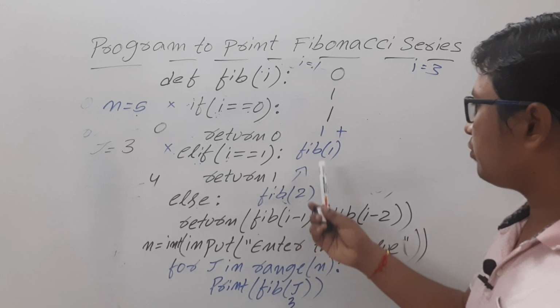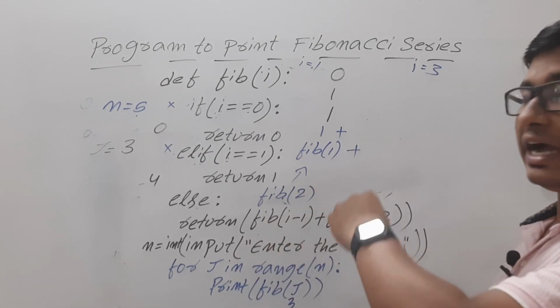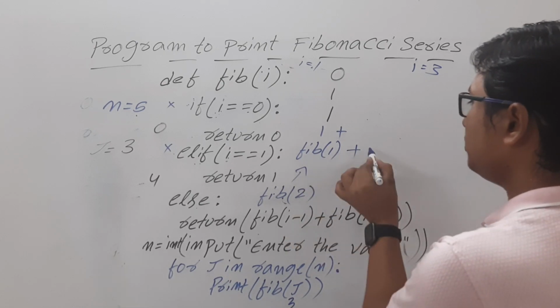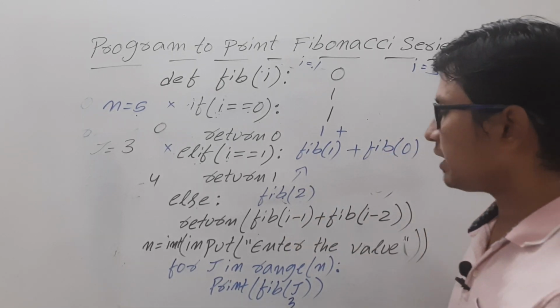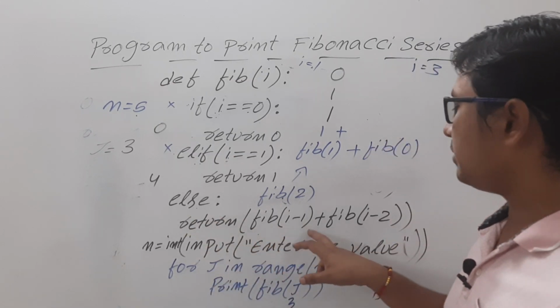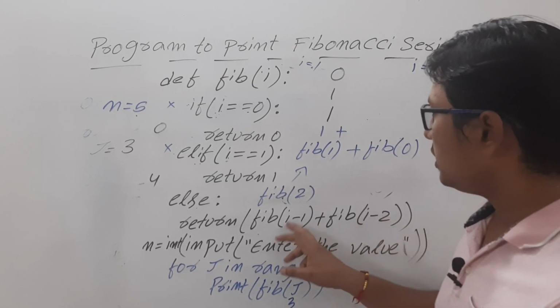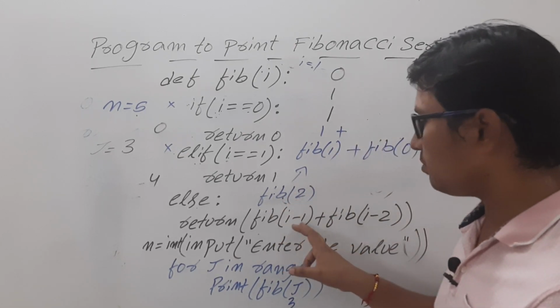Okay. Now fib of 2 has fib of 1 plus fib of I minus 2, which is nothing but 2 minus 2, which will be 0. Are you able to understand it or not? So whenever you are coming to the else block, it is fib of I minus 1 plus fib of I minus 2. When initially I value is 3, we have performed fib of 2 because 3 minus 1 is 2.